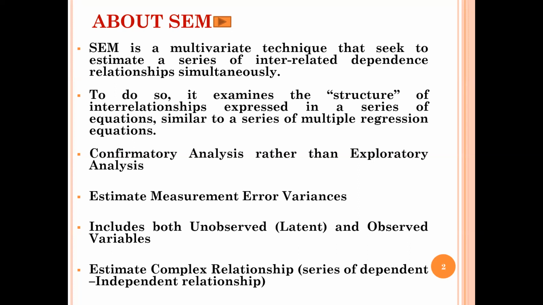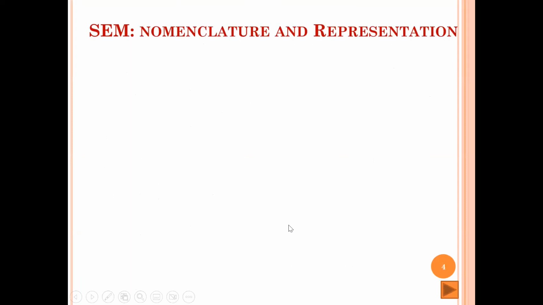That is the items that you are using in your questionnaire. They are your observed variables. And those observed variables form the factor, which is the construct, which is the unobserved or latent variable that we are talking of.